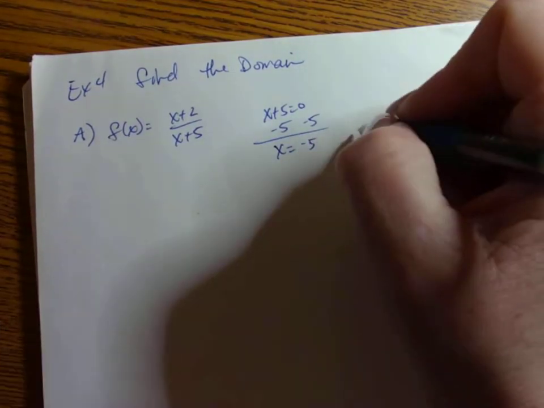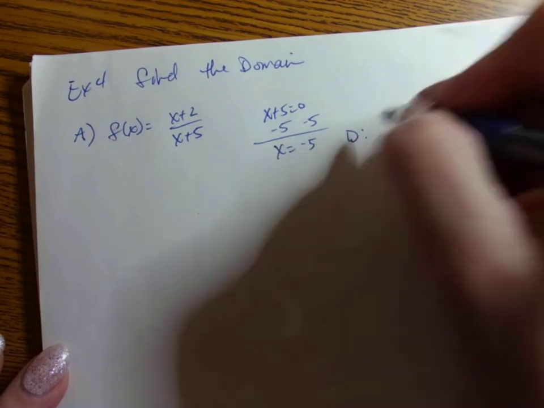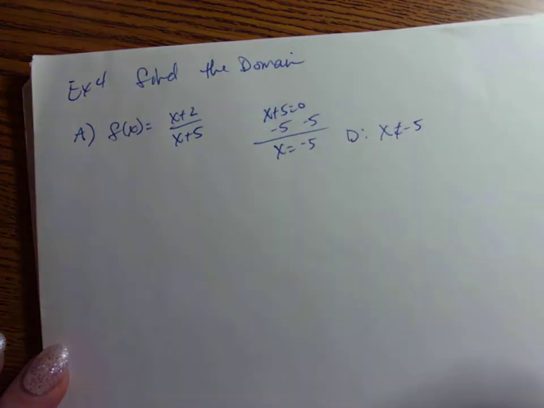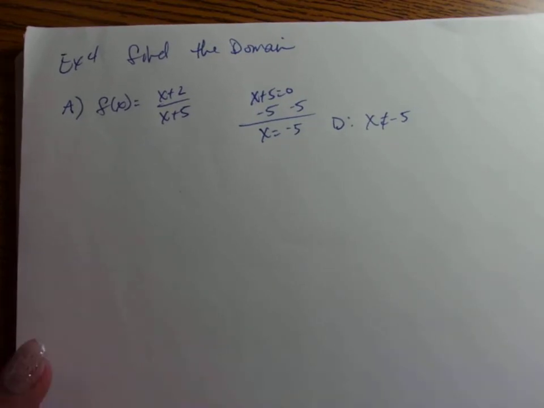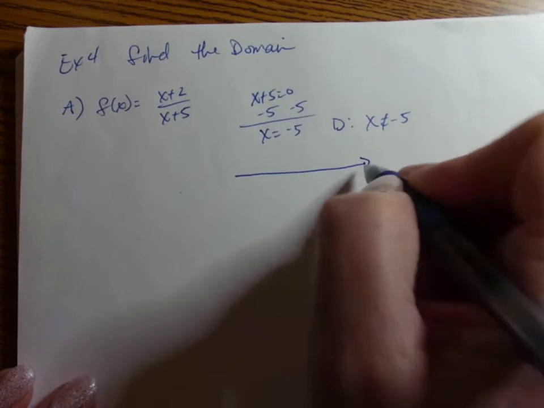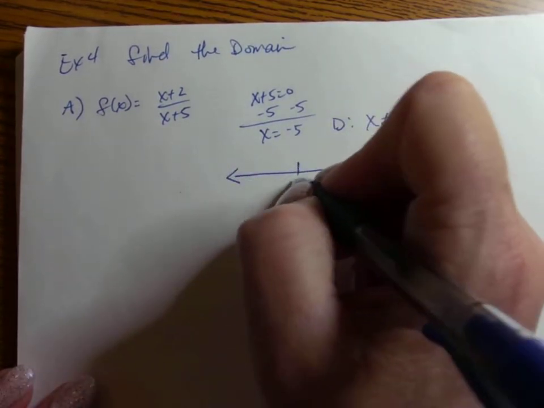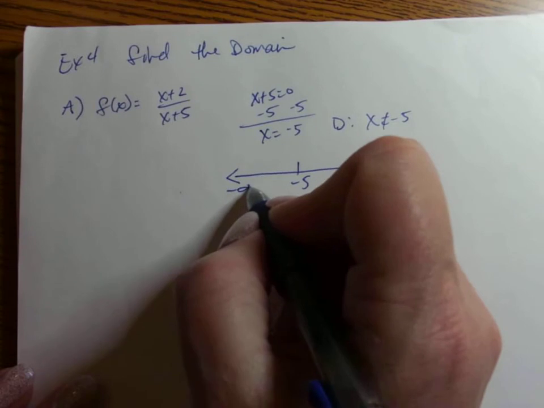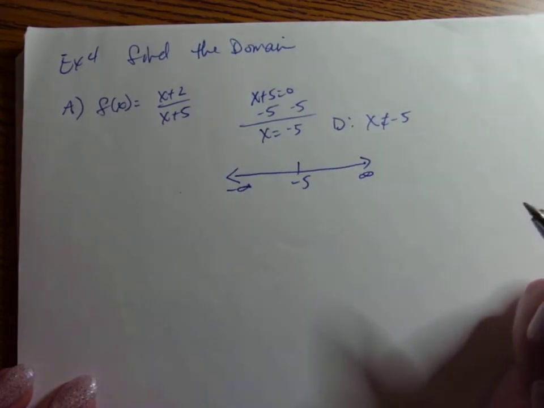So in your homework at this point in time, they're pretty much looking for the domain is x can't be equal to negative 5, but you also need to know how to do it in interval notation. So if we're trying to find that, it's, to me, easier if we graph it first. So I'm going to put negative 5 because that's the number we're dealing with. I'm always going to put my negative infinity and infinity.